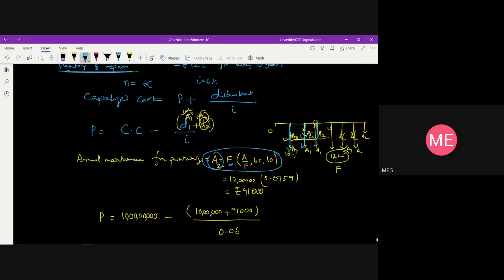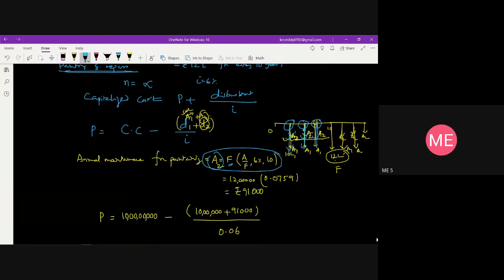If I add these two, that will become the disbursement at the first year, second year, third year, and so on. So here it is CC minus disbursement, that is A1 plus A2 divided by i.